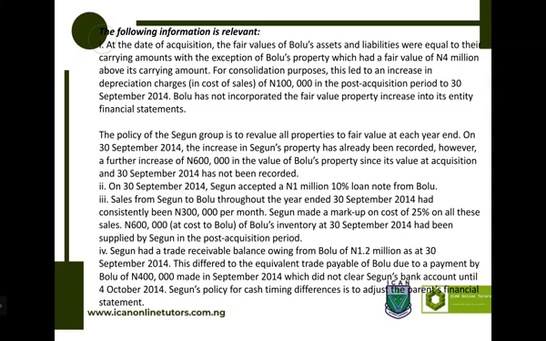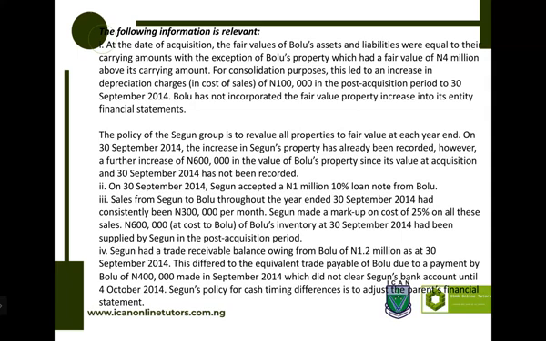2. Sales from Segun to Bolu throughout the year ended 30th of September 2014 had consistently been 300,000 per month. Segun made a markup on cost of 25% on all these sales. 600,000 naira at cost to Bolu of Bolu's inventory as at 30th of September 2014 had been supplied by Segun in the post-acquisition period.